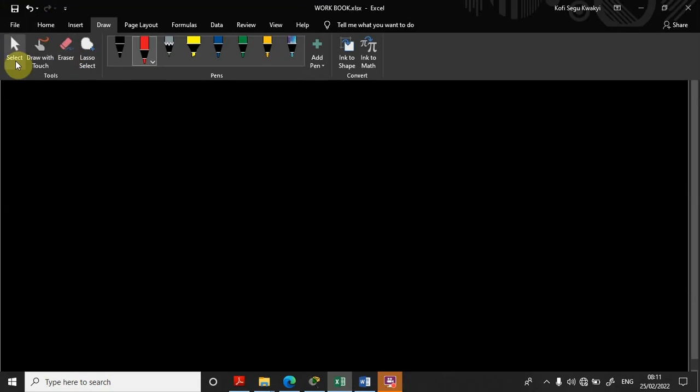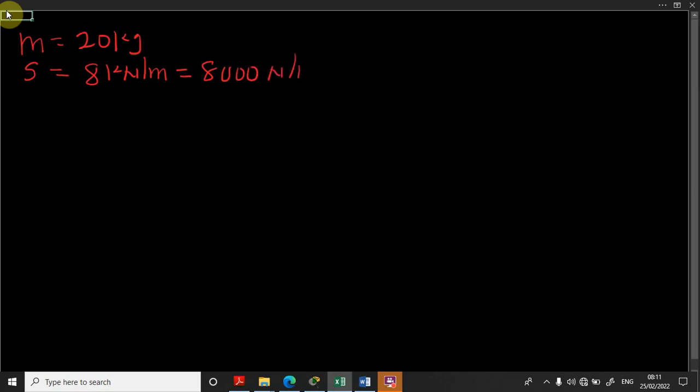Now, let's put down our data. We have the mass given to us as m, that is 20 kilogram. We have the stiffness of the material to be 8 kilonewton per meter, which is equivalent to 8,000 newton per meter.